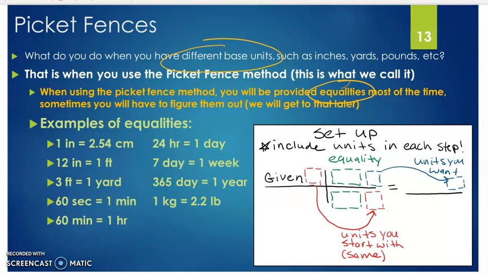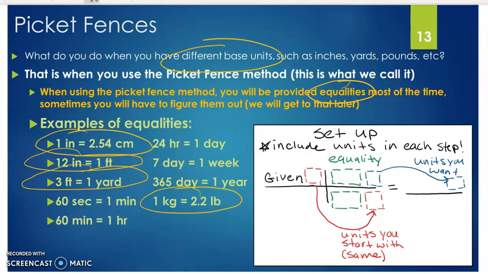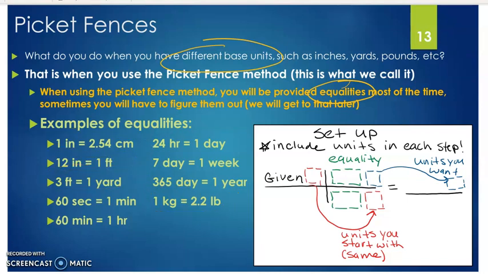However, some that you might not be as familiar with, I would provide to you. 1 inch equals 2.54 centimeters. Most of us know 12 inches in a foot, 3 feet in a yard. And this is one that probably a lot of you don't know: 1 kilogram equals 2.2 pounds.